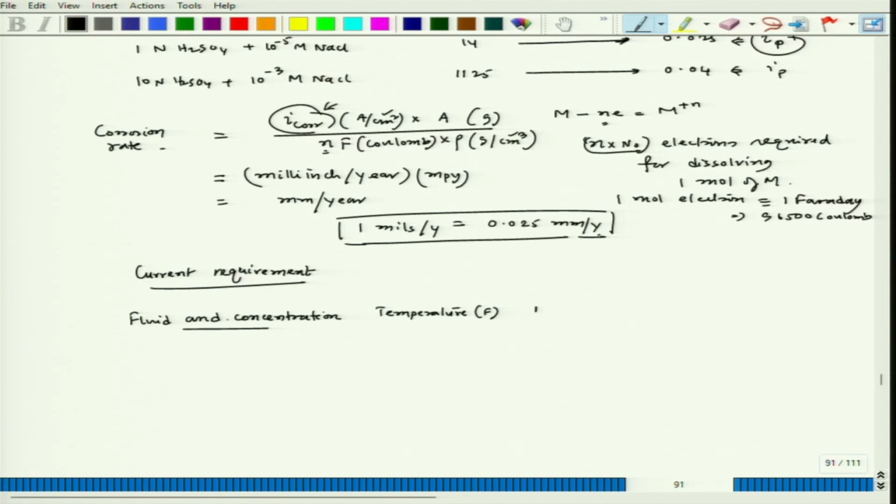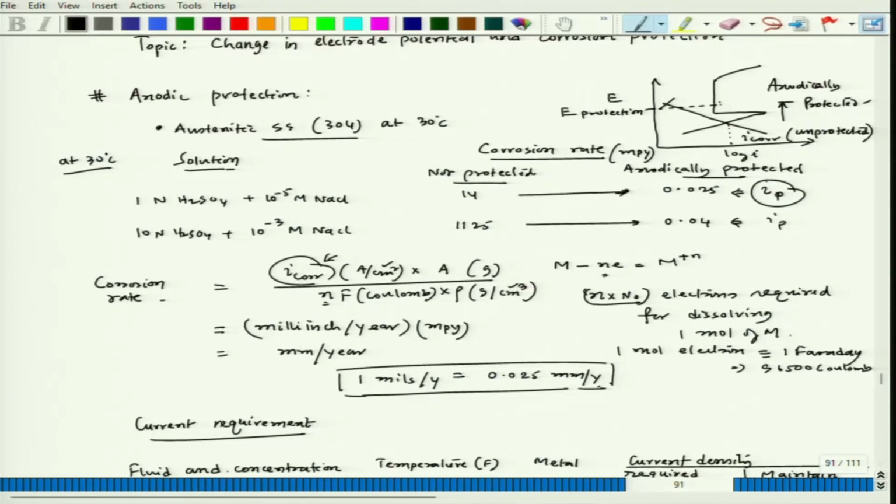Then metal, and current density: the maximum current density required to passivate, and the current density needed to maintain that metal in that protection zone, as we have shown here.